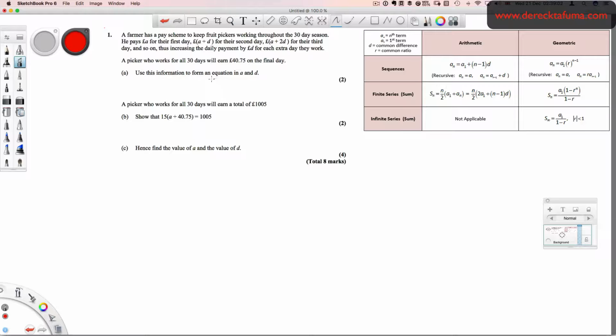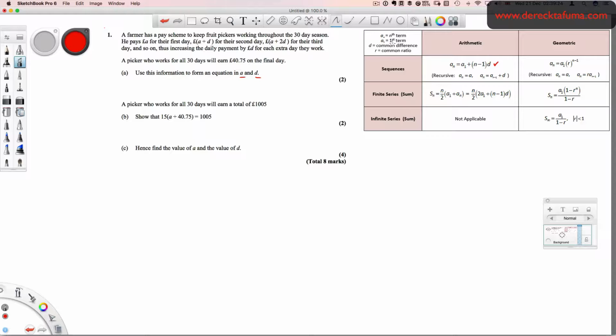Okay, so for this first one, use this information to form an equation in A and D. We're going to use this formula here. We need to find out what A and D are.